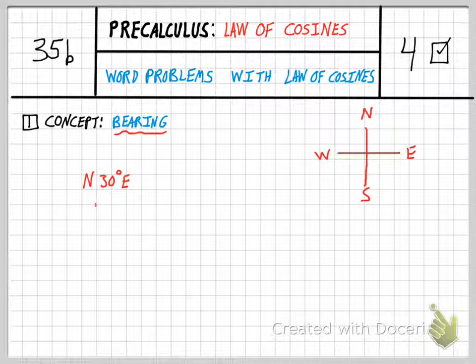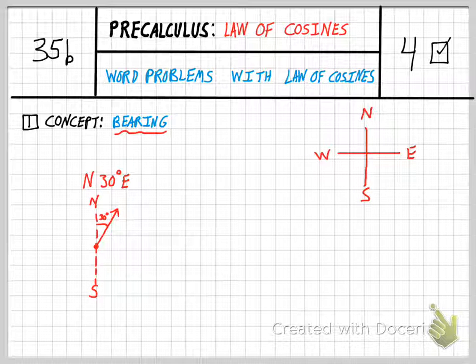I like to think of a dotted north-south line, north at the top, south at the bottom, and you're right in the middle of that line. Which direction are you going to travel in? You're going to face north, and then you're going to head off to the east by 30 degrees. On a map, you would travel in that direction where this angle right there is 30 degrees.